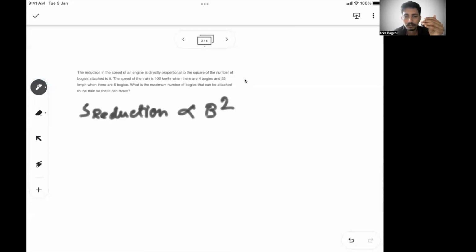When I say the train can move, I need to see at which level the number of bogies will be so much that your speed becomes zero. If the speed becomes zero, then that is the maximum number of bogies it can carry, or possibly a bogie number one less than that. So that's where we need to solve the problem.